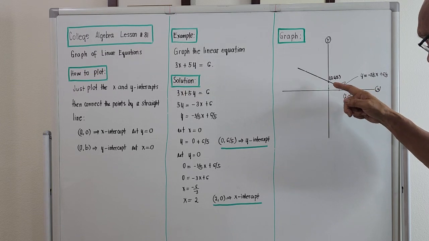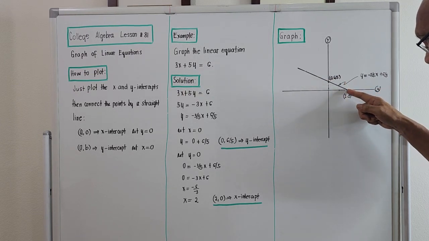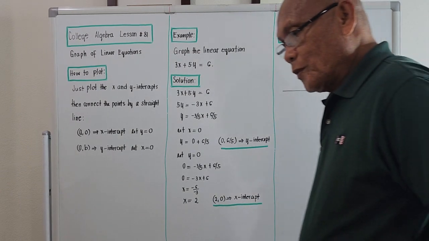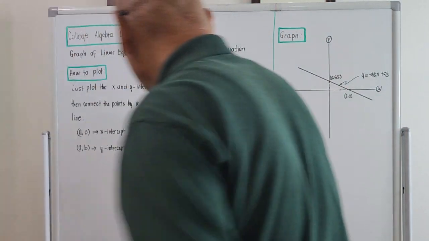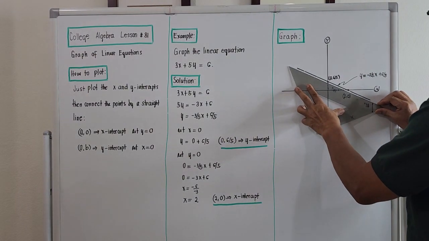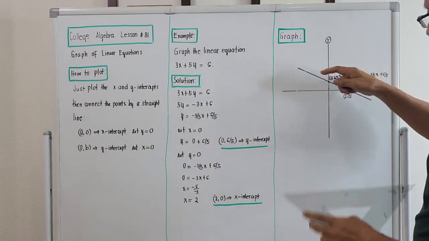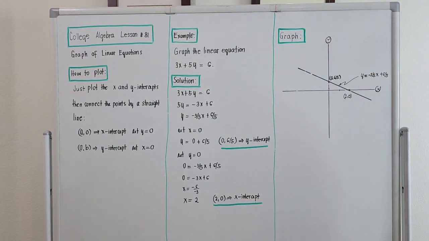So after the determination of the y-intercept and x-intercept, to plot the graph of a straight line, you just get a straight edge over here, then just connect it, and that will be the straight line. As simple as that one.